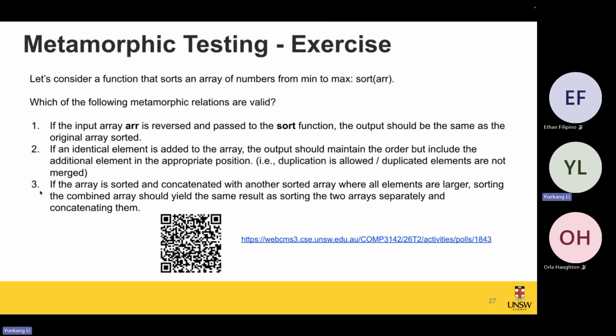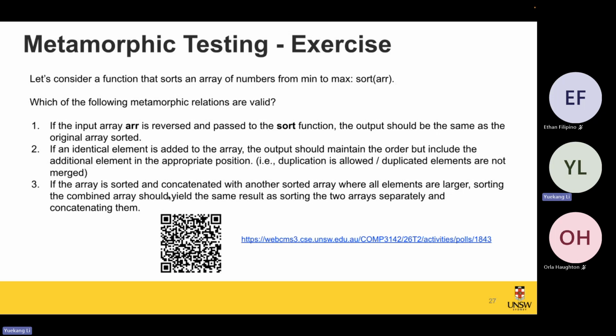The third one is if the array is sorted and concatenated with another sorted array, where all elements are larger than the original one, then sorting the combined array will give us the same result as sorting them separately and combining them together.